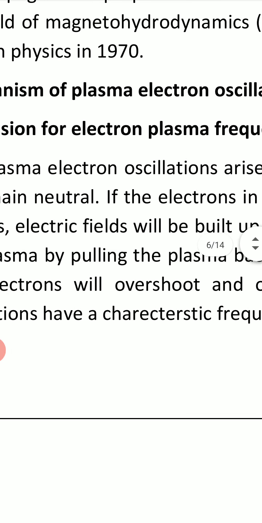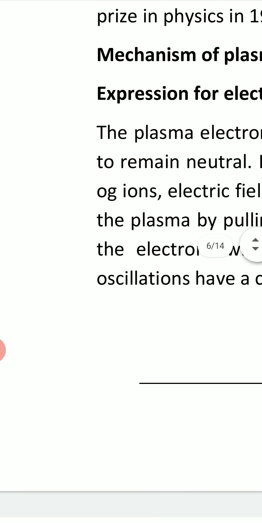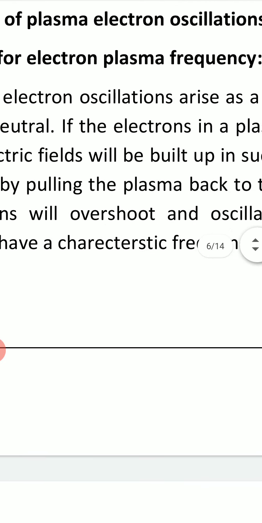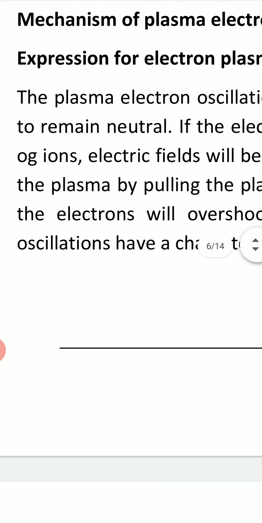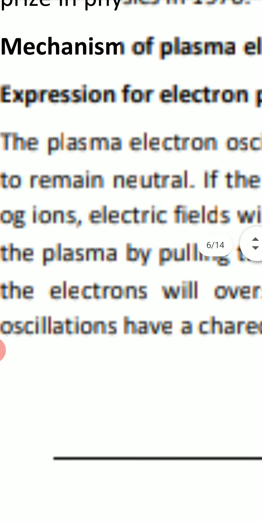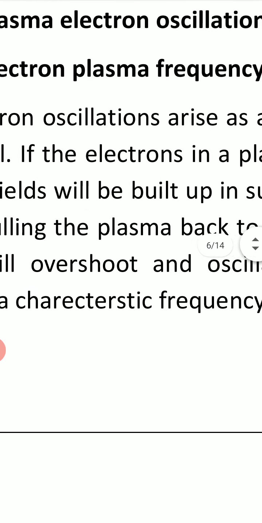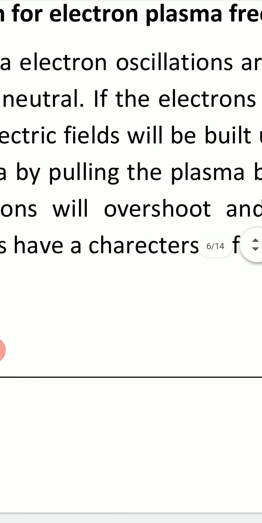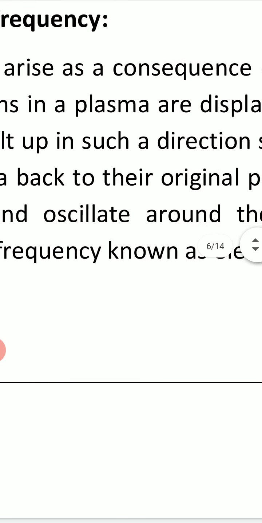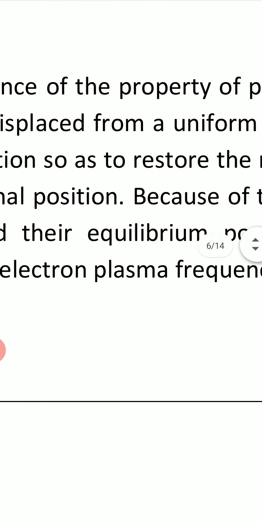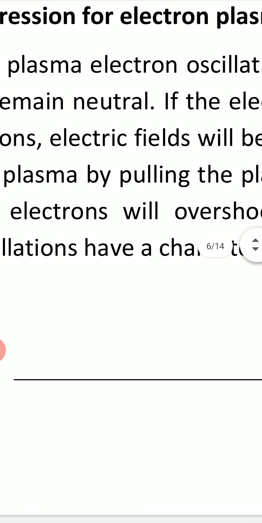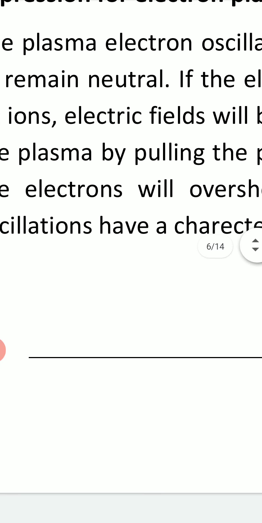Mechanism of plasma electron oscillations. Expression for electron plasma frequency. Now we want to find the expression for electron plasma frequency. The plasma electron oscillations arise as a consequence of the property of plasma to try to remain neutral.